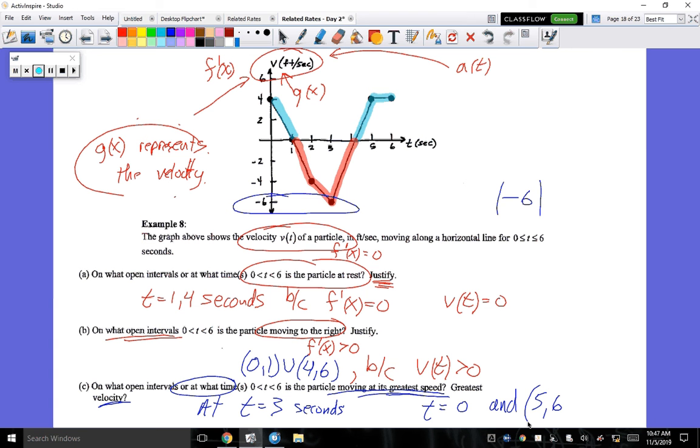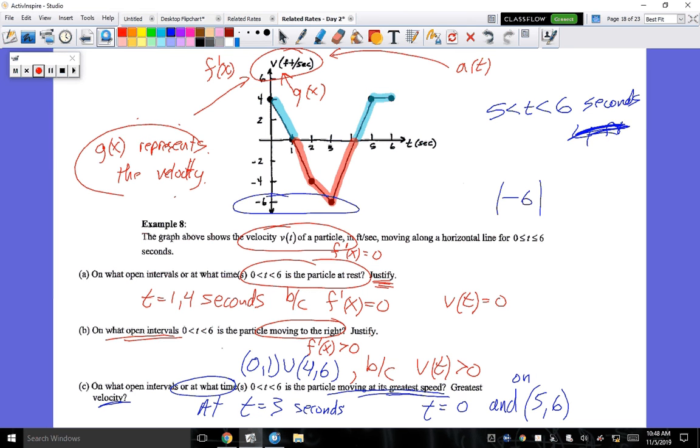You could do this like that, on that interval, or if you wanted to write it like this, that is totally acceptable as well. John, what did you say that the velocity was again? 4 feet. Well, what is this asking for? It says at what times. So you don't need this. These are seconds. At 0 seconds and 5 to 6. Nicely done. Questions?